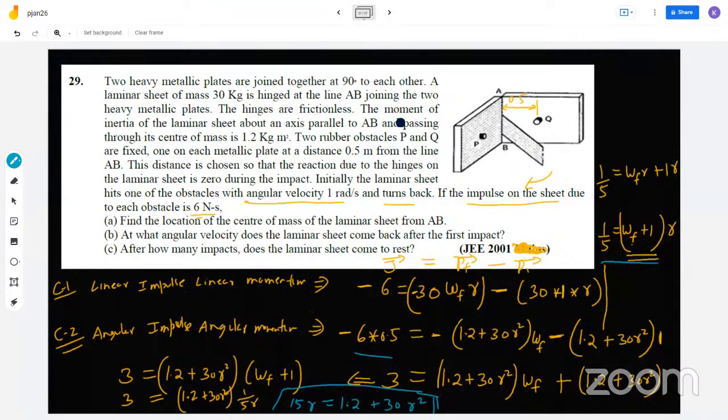And what answer have they given? For which exercise was this? Oh, this is JEE. The JEE one will be at the end of the questions, the 29th question.